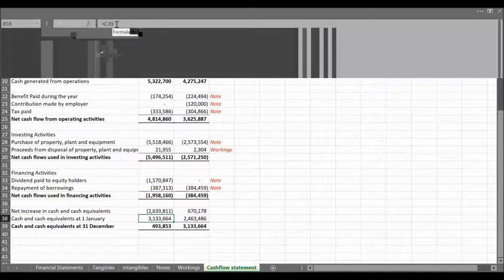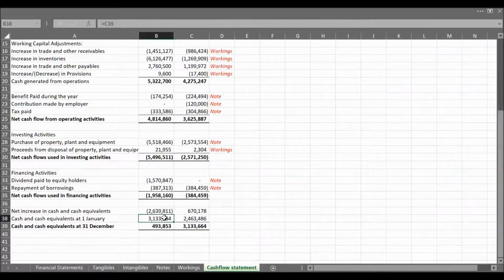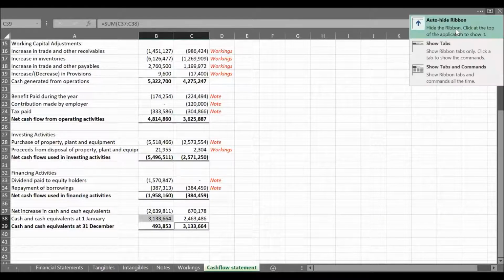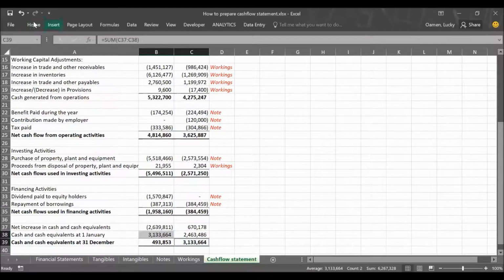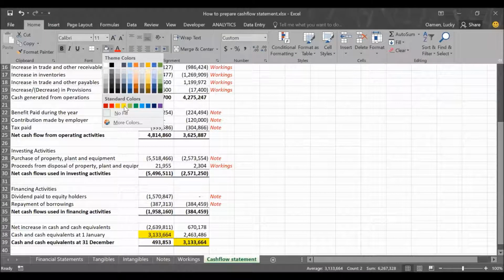And the cash and cash equivalent as at 1st of January 2018 is the brought forward from 2017. This is simply the brought forward from 2017. So I can decide to color it to signify that it's just a movement.